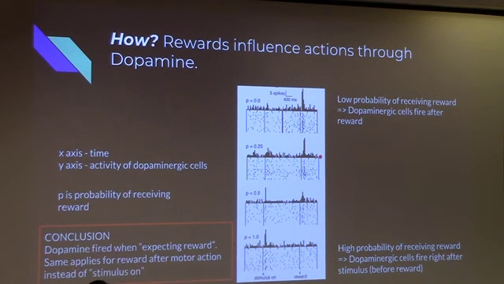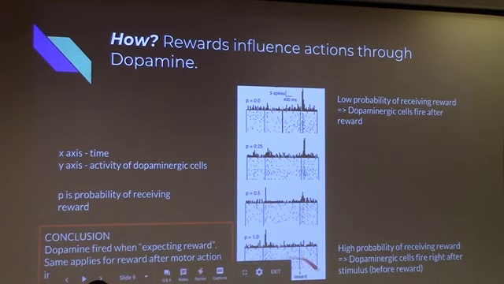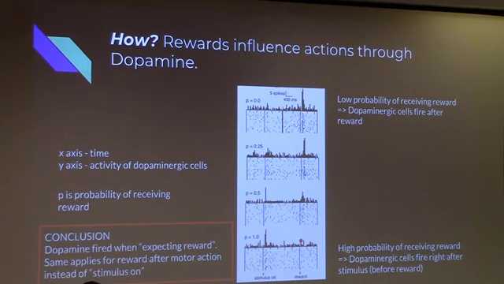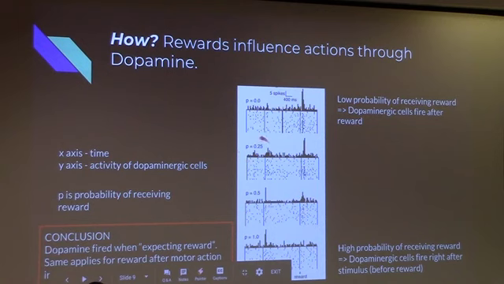So over time, the experiment carries on. And then at a certain time interval x, you have some kind of stimulus being turned on. And then at some other later time point, you have some kind of reward for that stimulus having been turned on. And the p that you see here is basically the probability of receiving that reward.